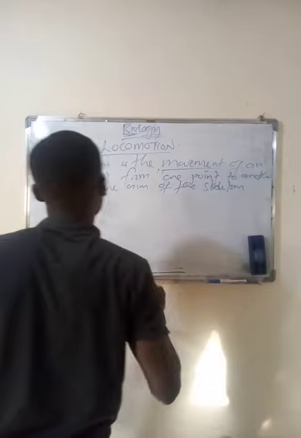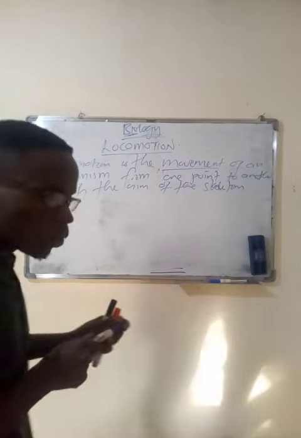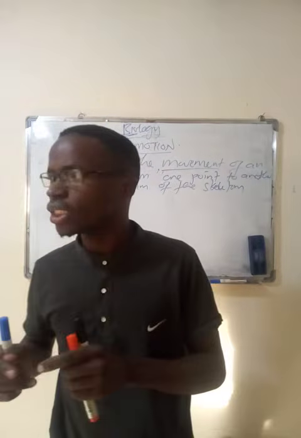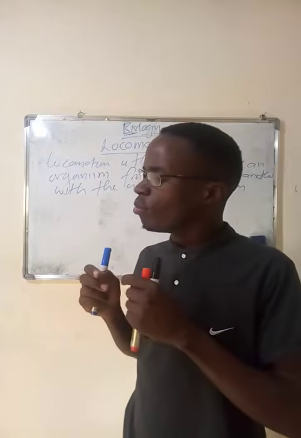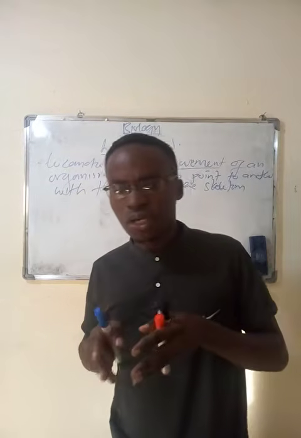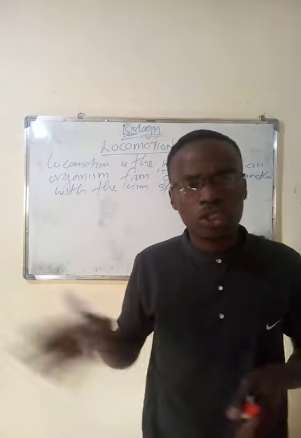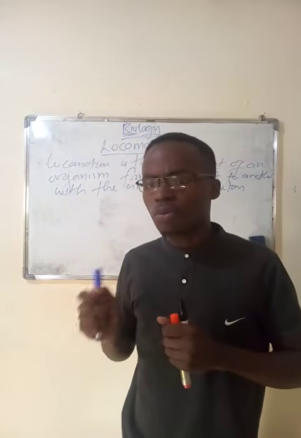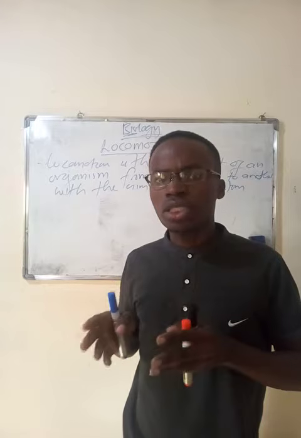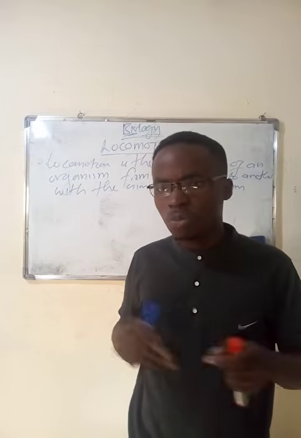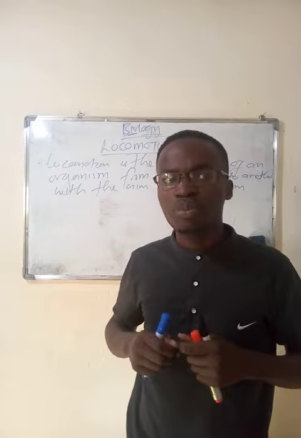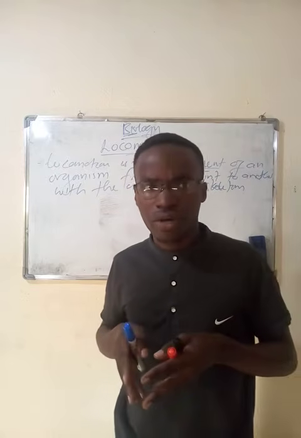Now here, the difference between locomotion and movement is that locomotion has to be in relation to one point, like we're saying it's from one point to another. But when we talk about movement, it may not necessarily be from one point to another. It can even be just at that same point, right?